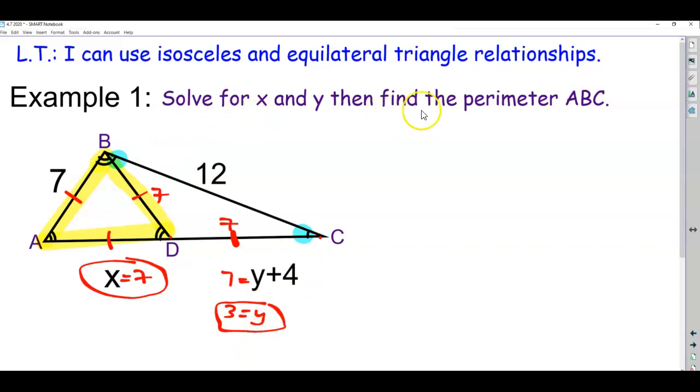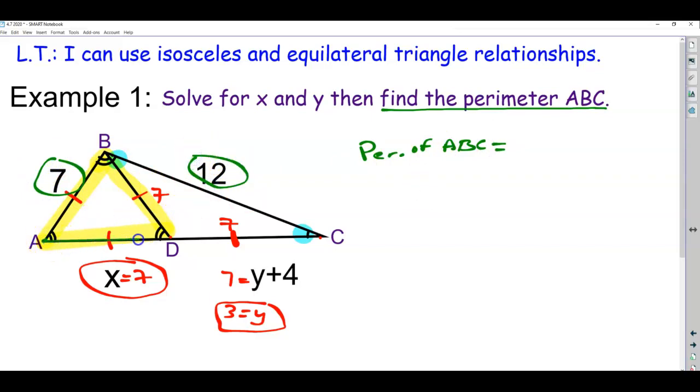So we found x, we found y, but then they asked me to find the perimeter of ABC, which means I just have to make sure I understand what each side length of the big triangle is. The perimeter of ABC is the side lengths 7, 12, and then this full length, which isn't 7 plus 3, it's 7 plus 7.